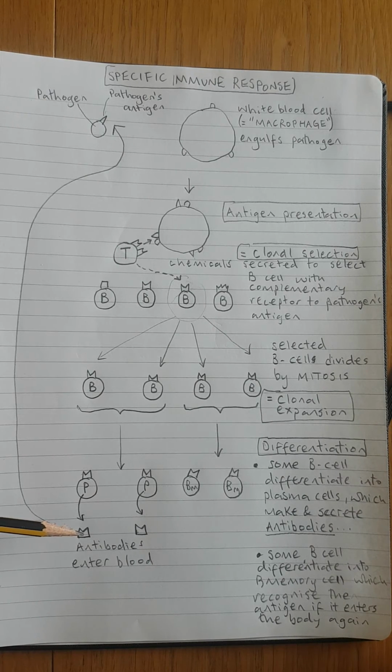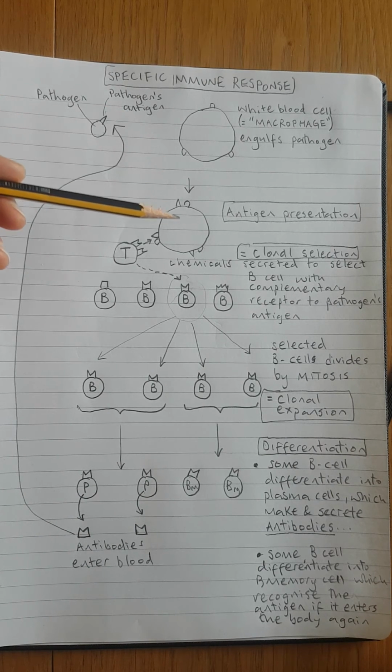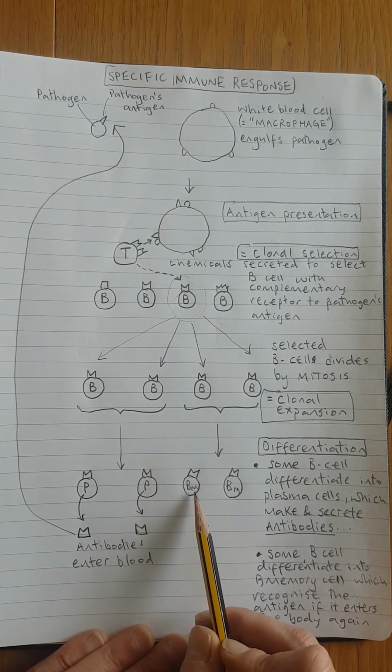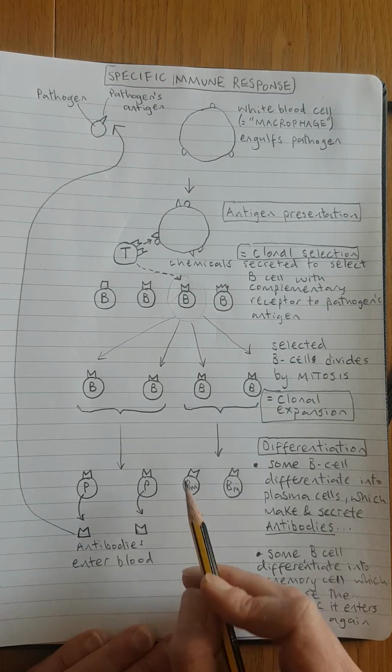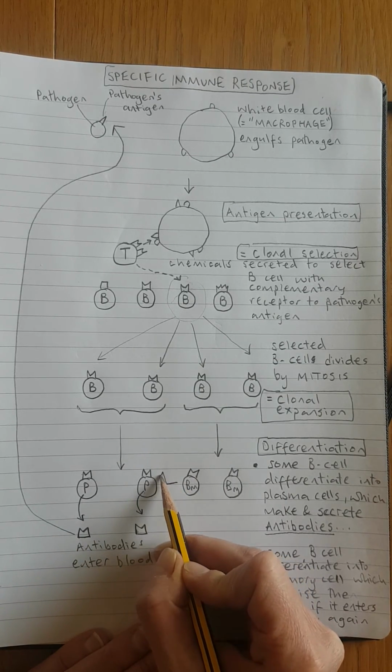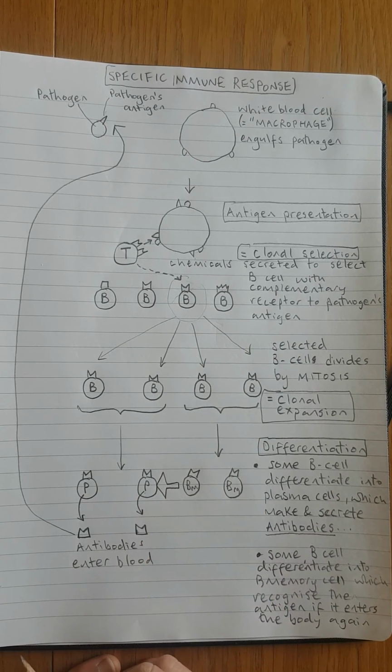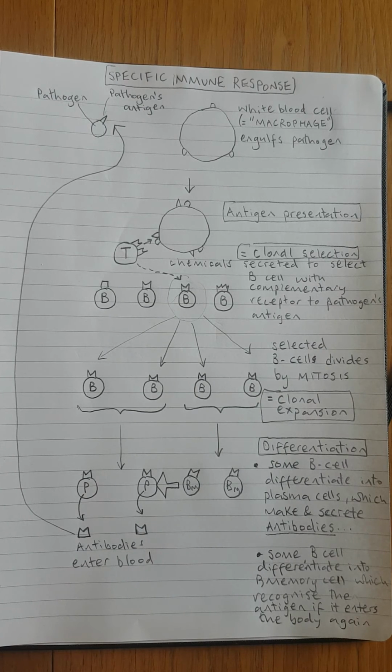If you have the same pathogen enter your body again, instead of having to go through all of these stages, what happens is you just activate your B memory cells, and then they will differentiate straight away into the plasma cells, and the plasma cells will make the antibodies. So this is what underlies the immune memory, and it's the way that vaccines work.